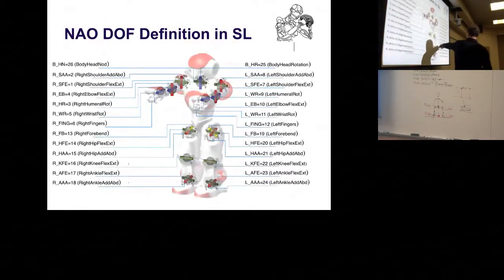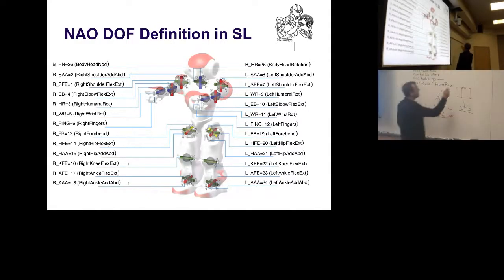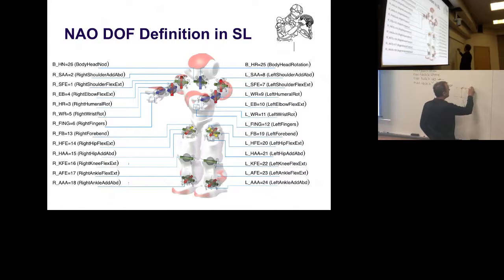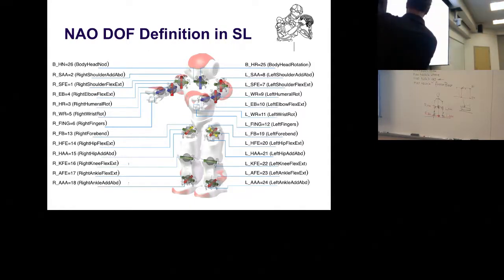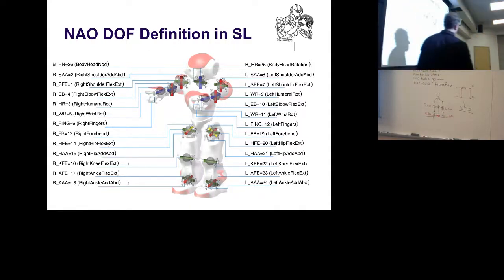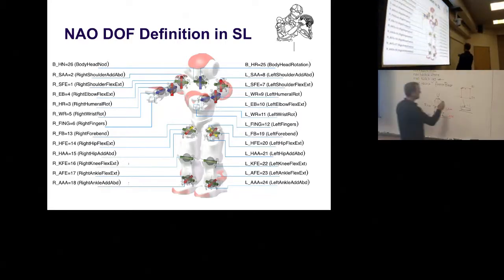So you would use 21, 24, 18, and 14. And use this go command and change these things all the same amount.